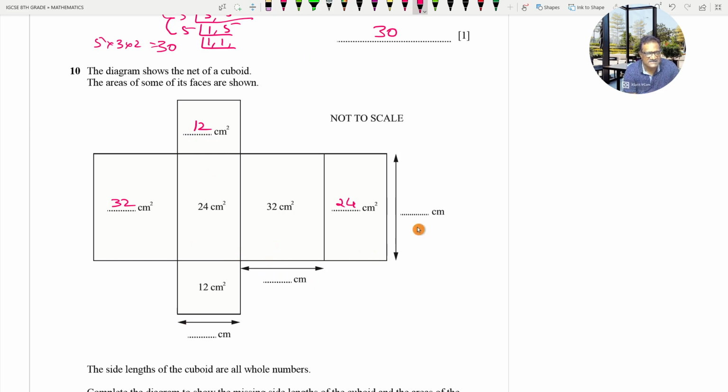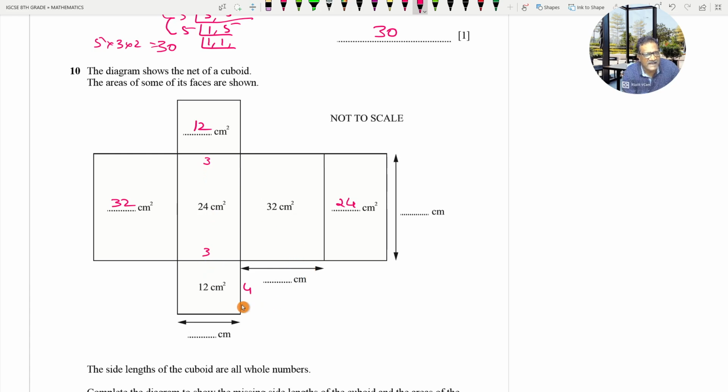Now what is remaining? These sides are remaining. This is 12 square centimeters, and this is 24. If I take this as 3 and this as 4, then 4 into 3 is 12. That is working. Let me check whether this 3 will work. If this is 3, this will also be 3.